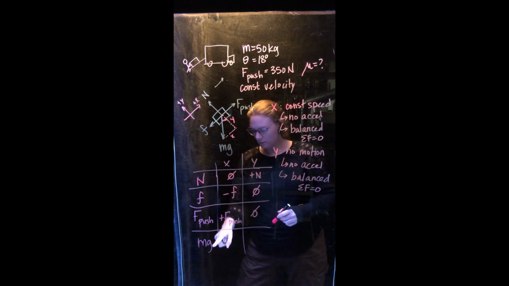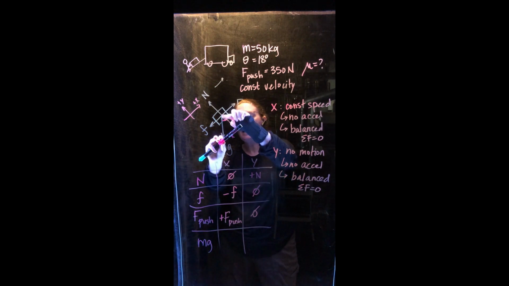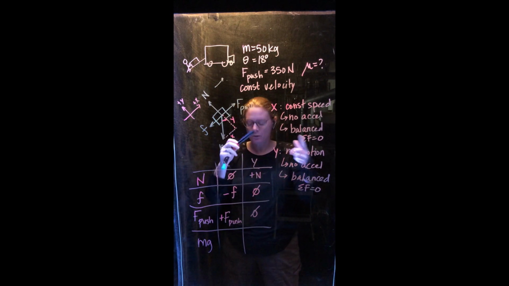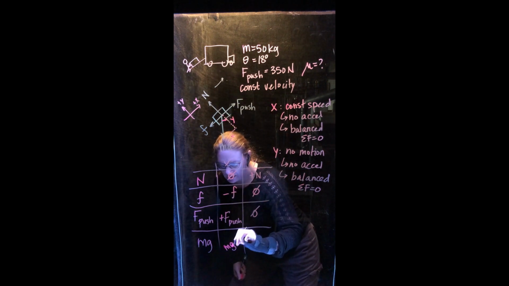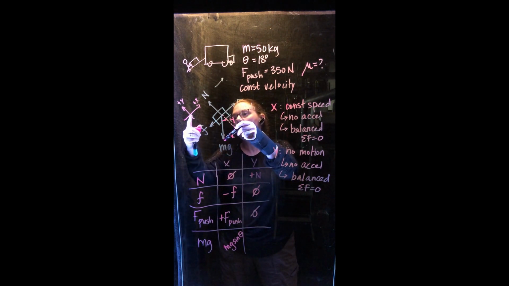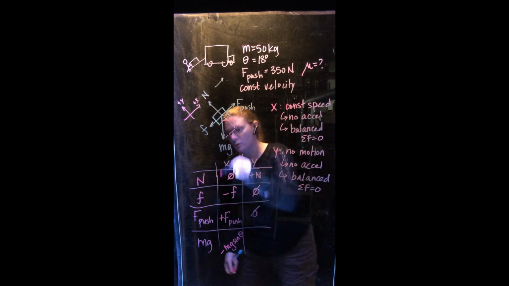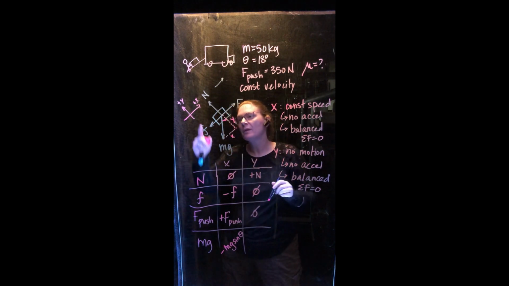The x component of the weight, that's this piece, and it's opposite my angle, so that's the sine component. So this is mg sine theta. Is that positive or negative? In this case, it's negative, because it's going to the left. My angle is down and left.